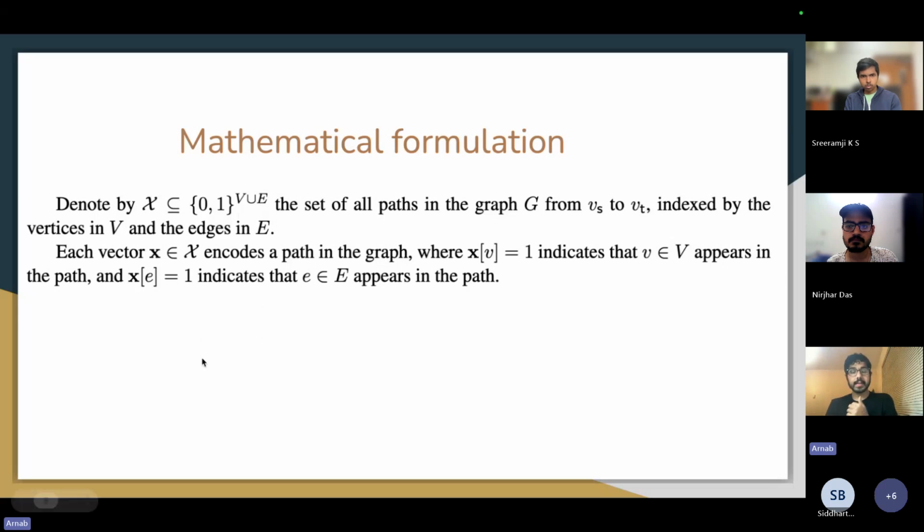So x_v is equal to 1 if the vertex v is part of the path, and similarly x_e is equal to 1 if the edge e is in the path. Otherwise it's 0. So 1 and 0 just denote whether the particular element is included in the path or not. Just the standard notations in that sense.